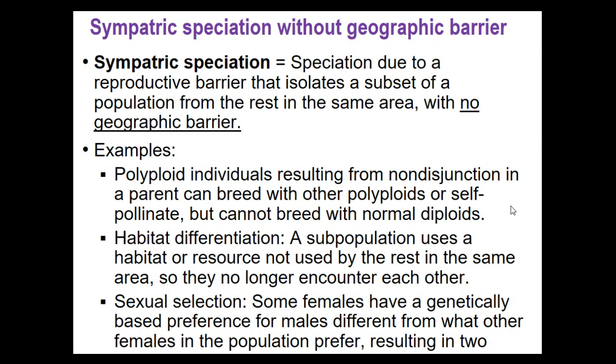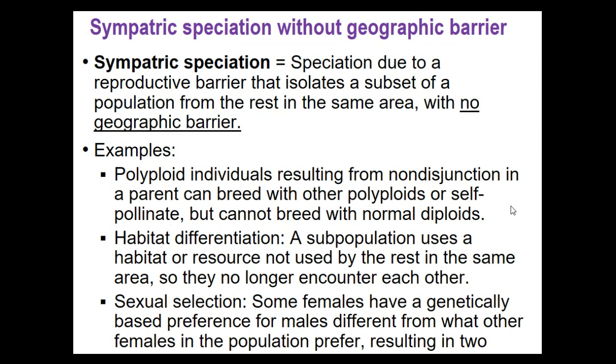So they only mate together. Certain females only like the new song. Other females only like the old song. So these interbreed together, but they don't interbreed with the other group anymore. They become different species just because of that sexual selection.